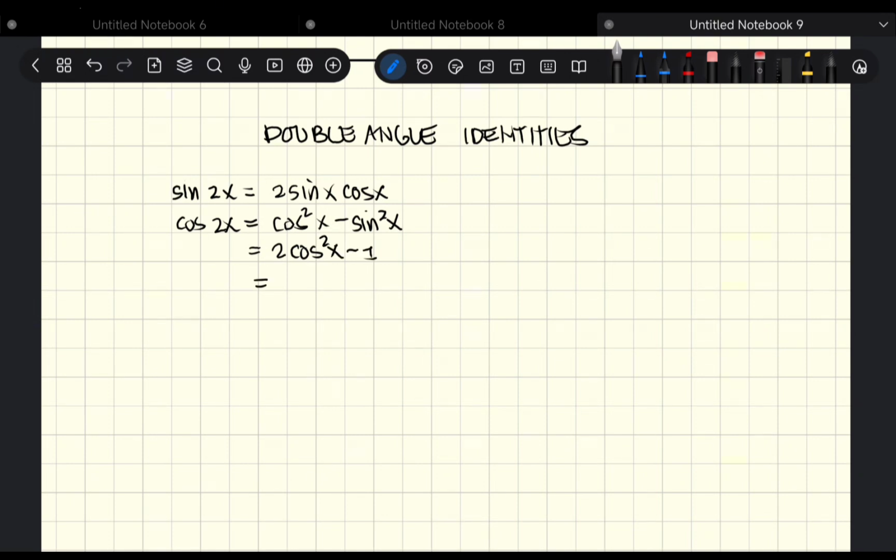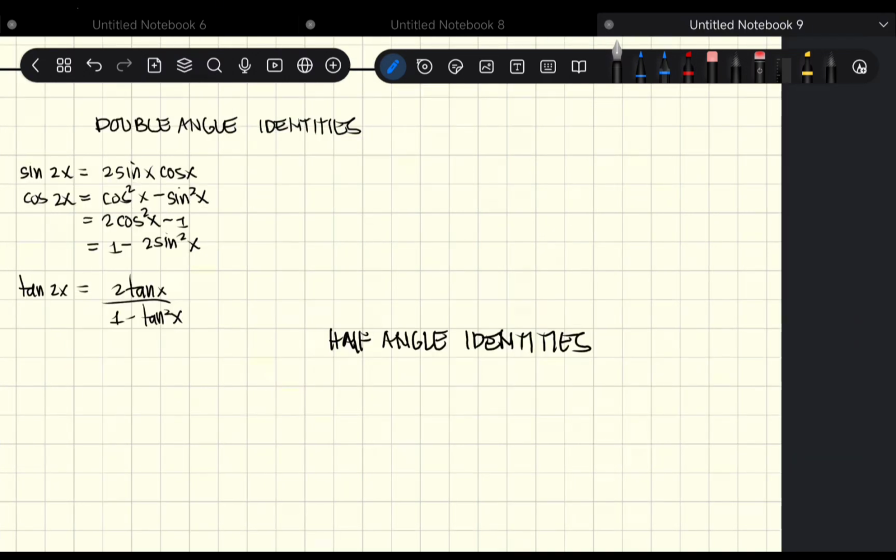Also that is equal to 1 minus 2 sine squared x. For tan 2x is equal to 2 tan x all over 1 minus tan squared x.